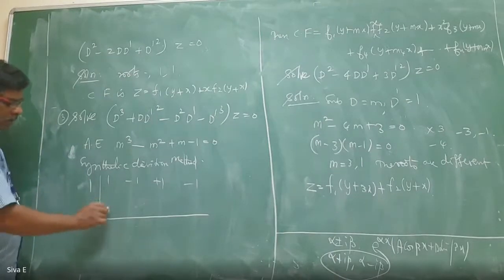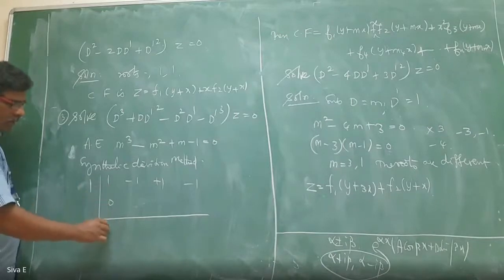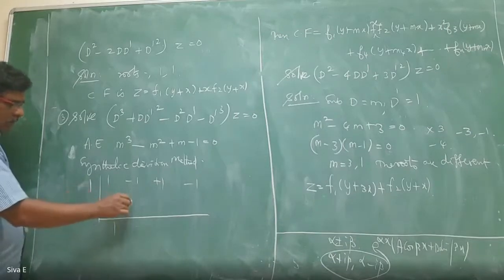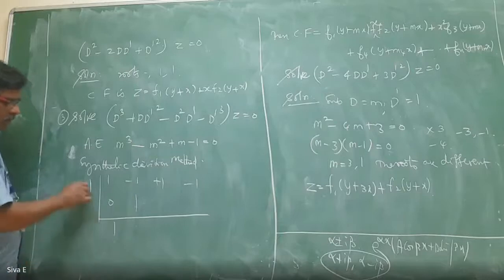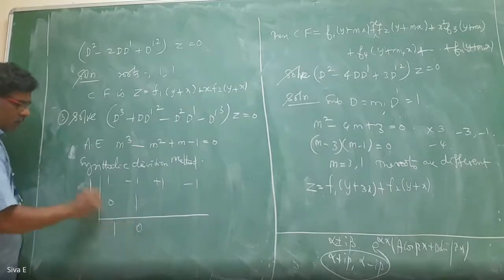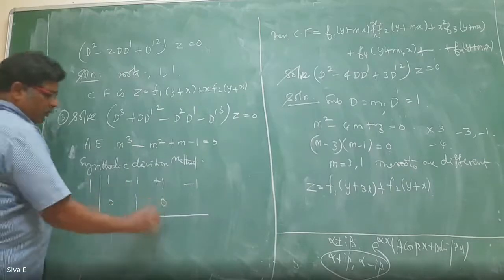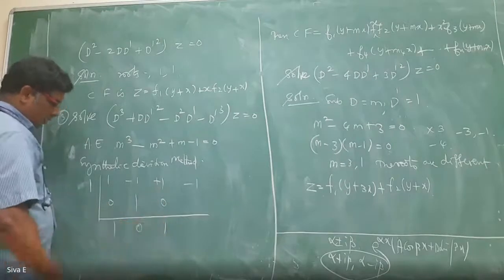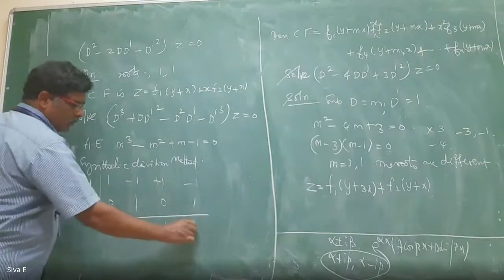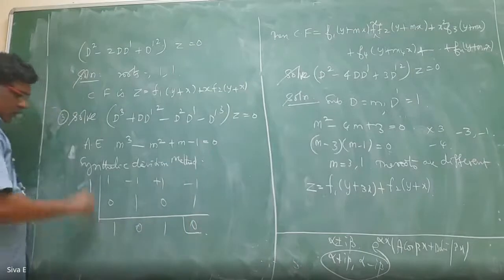1 is the root. Put 0 here. 1. Multiply this. 1. 0. 0. 1. 0. So 1 is the root.